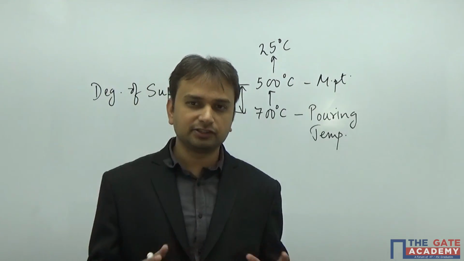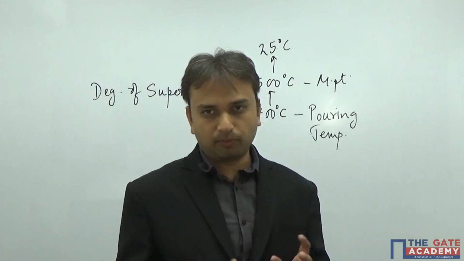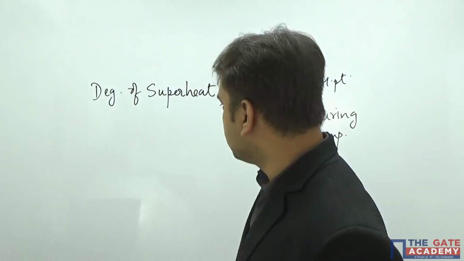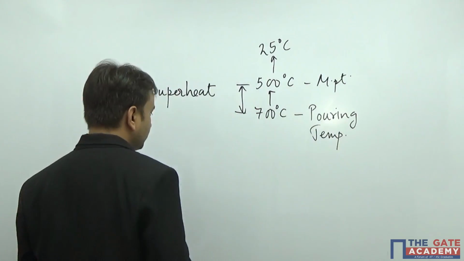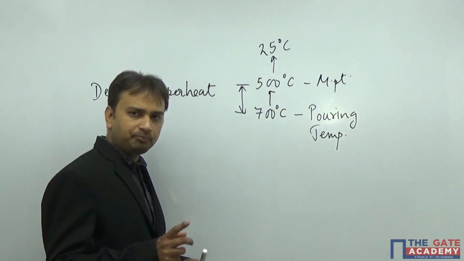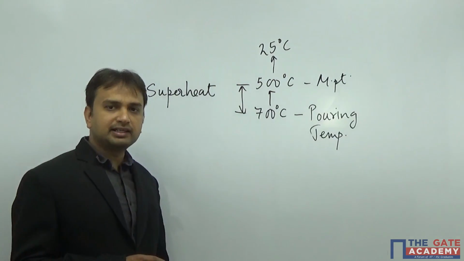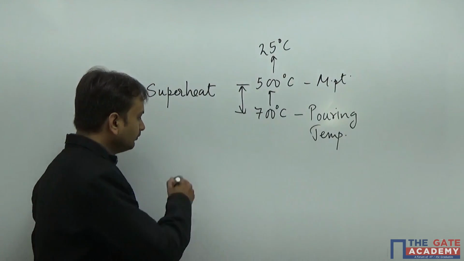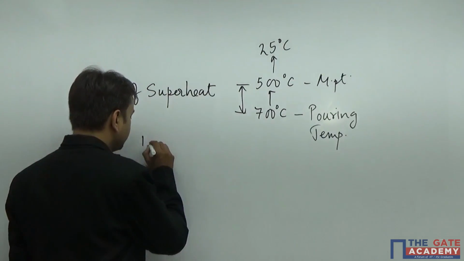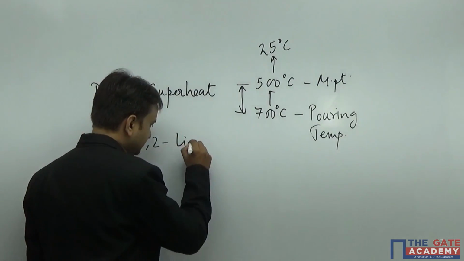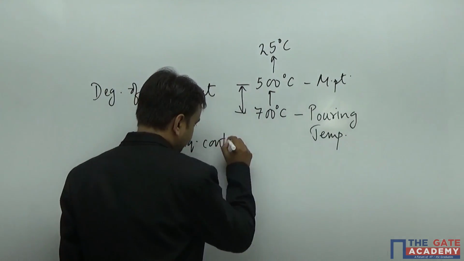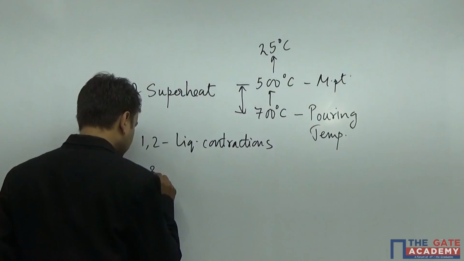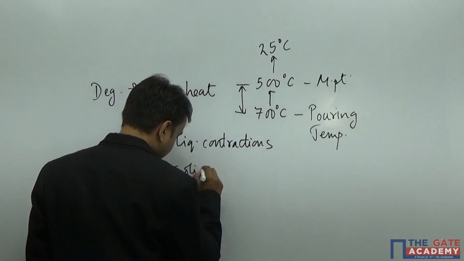Third stage is completely solid, so there is no point of liquid contraction, it is solid contraction. So what we have seen is there are 3 stages: liquid contraction 1, liquid contraction 2, and solid contraction 3. So 1 and 2 are liquid contractions, and 3 is solid contraction.